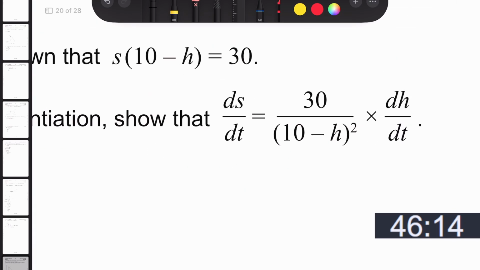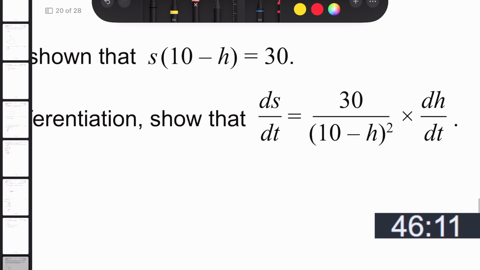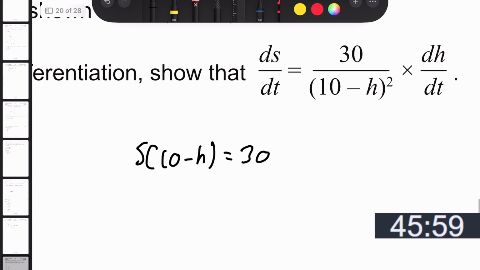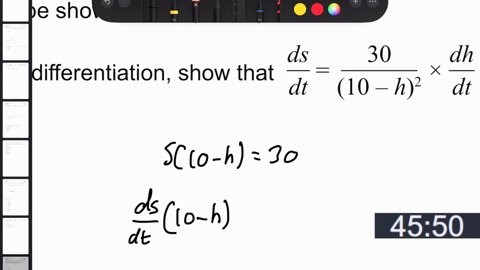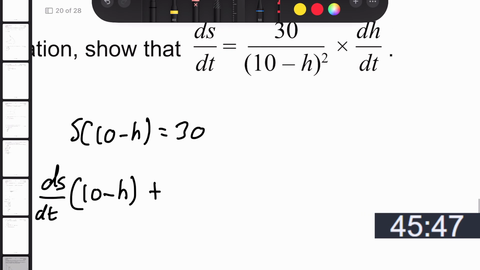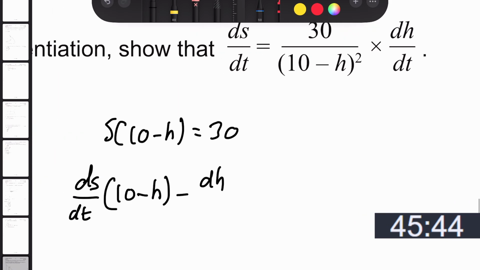Okay, so we have s(10 minus h) equals 30. So let's differentiate this. It's going to be a product rule. So we have ds/dt times (10 minus h) plus negative dh/dt times s equals 0.